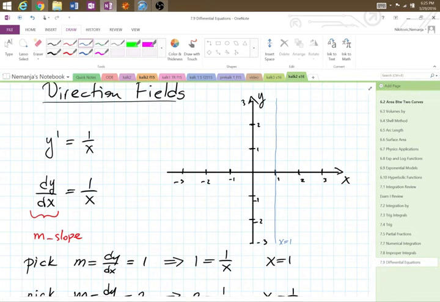So the slope of 1 is the 45-degree slope, right? You remember that y equals x has a slope of 1. So I get to draw 45-degree slopes along this line.